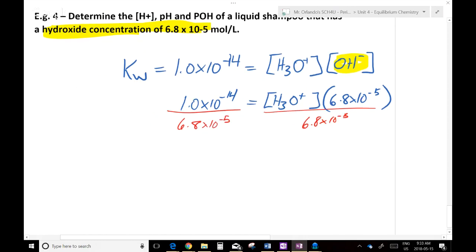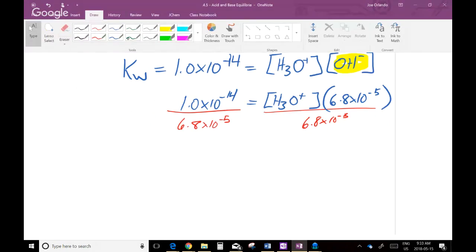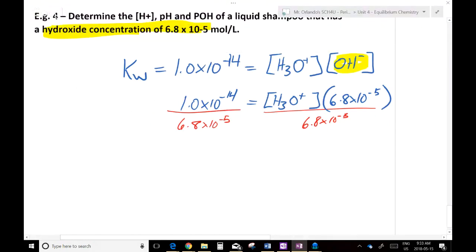And I should get something on the order of something times 10 to the negative 8. 9? 10? What is it? 1.47 times 10 to the negative 10? Cool. Okay.